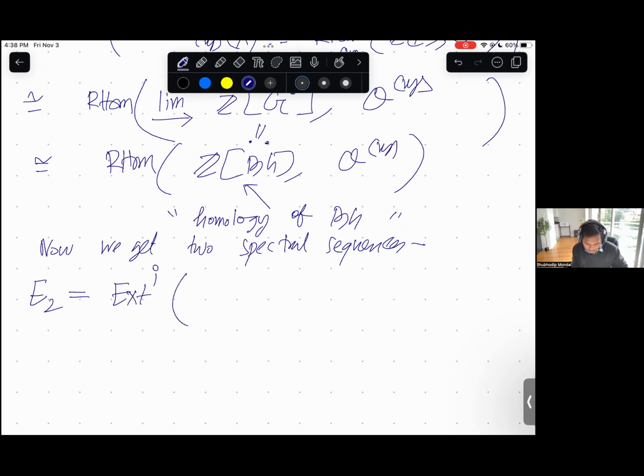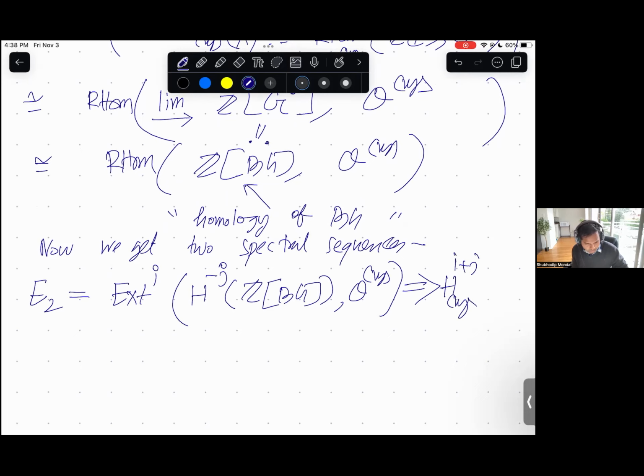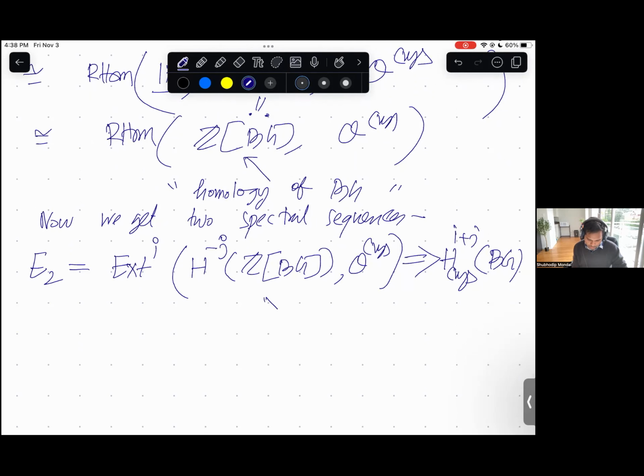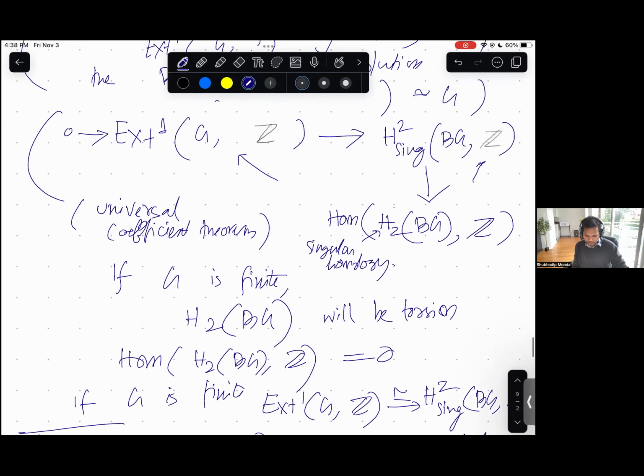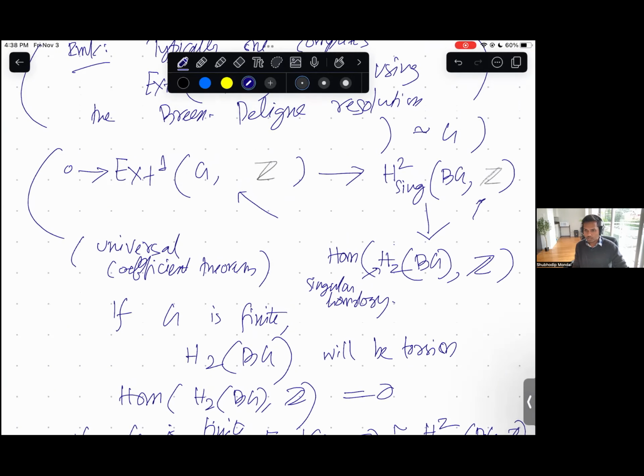this Ext group. And if we try to make this spectral sequence a bit more explicit by trying to understand what happens when we study the induced filtration on H2, we actually obtain a setup very similar to the universal coefficient theorem that we were discussing in the discrete case.